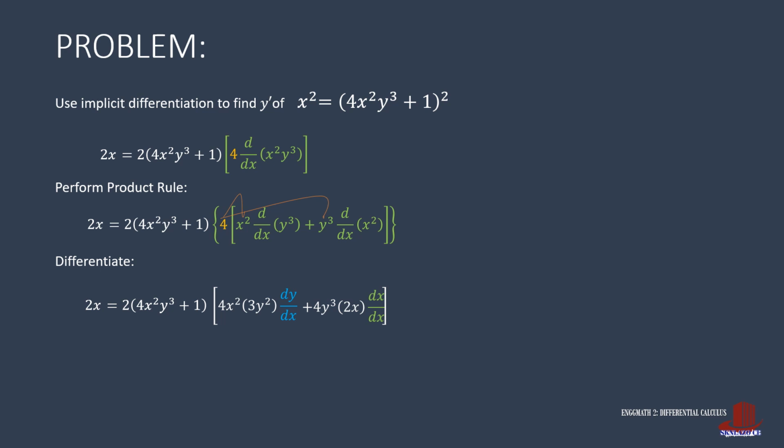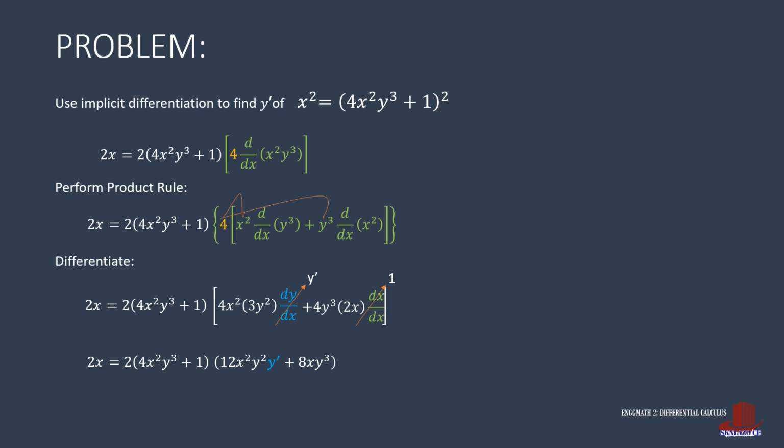Then attach dx over dx, which eventually cancels out. We can also simplify dy over dx as y prime, which then gives a single-liner function with 2x equals twice 4x squared y cubed plus 1 multiplied by the binomial 12x squared y prime plus 8xy cubed.